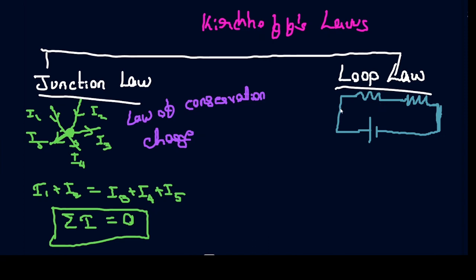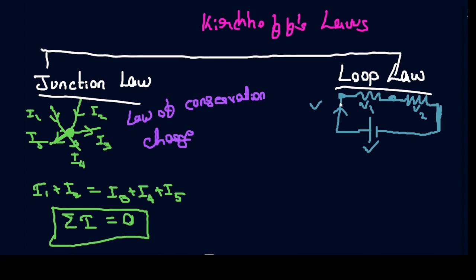So in series, current I is constant, but V varies between any 2 points. For example, here it is V1, here it is V2, and it is V. At some points the voltage may increase, and at other points the voltage may decrease.